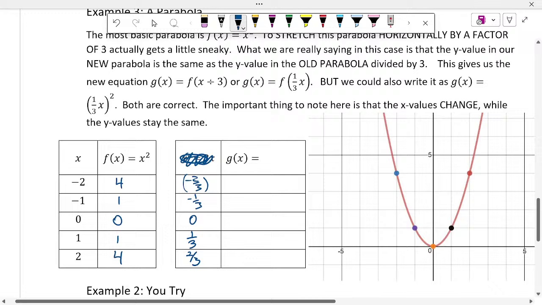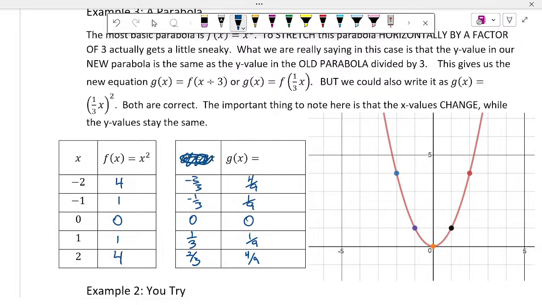And then could I square them? Because that's what we're doing here, right? And that would be 4/9, right? And this would be 1/9, and that'd be 0, and that'd be 1/9, and then 4/9 again.